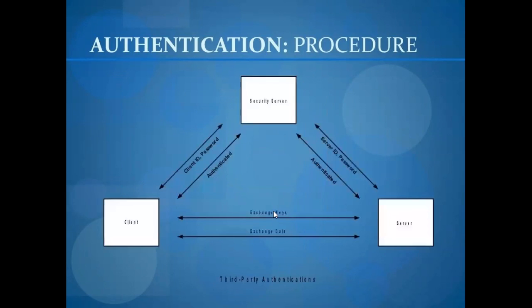Now, let us consider this block diagram of the authentication procedure. The client has a client ID and password, which is sent to the security server. Now, the security server will be an intermediate, so server ID and server password are there.